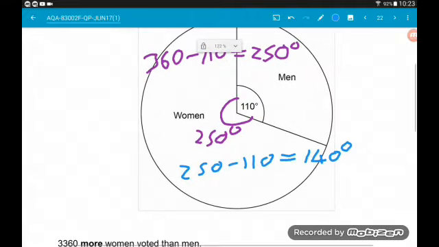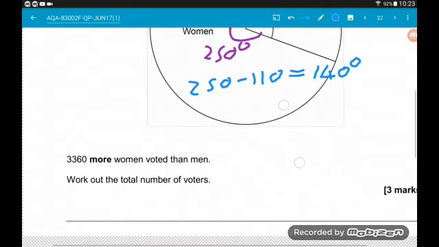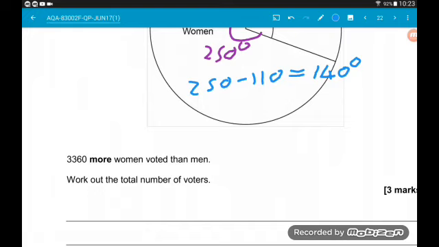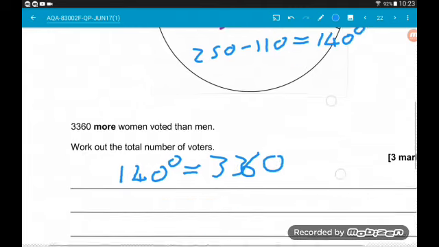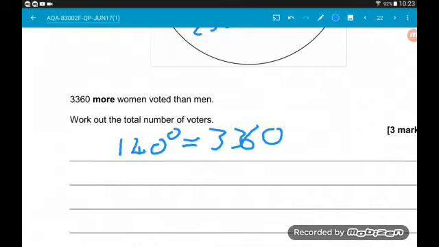We know that 3,360 more women voted, so 140 degrees is 3,360. So we can then, from this, if we divide both sides by 14, we would get down to 10 degrees is equal to, now work that in your calculator.